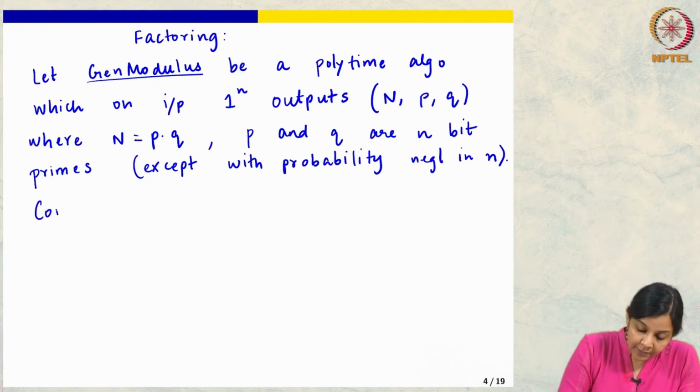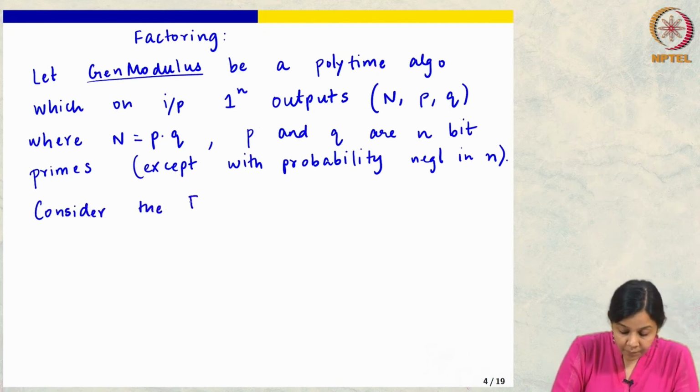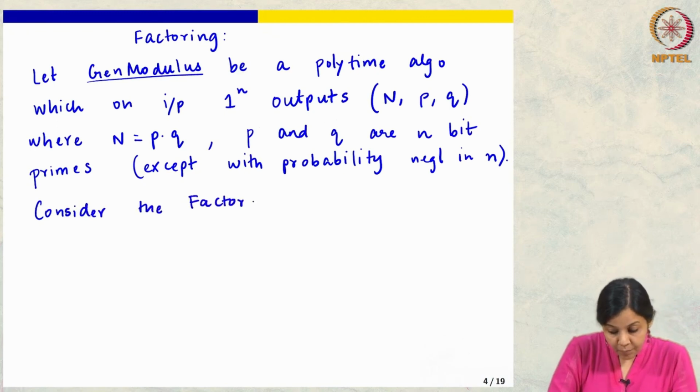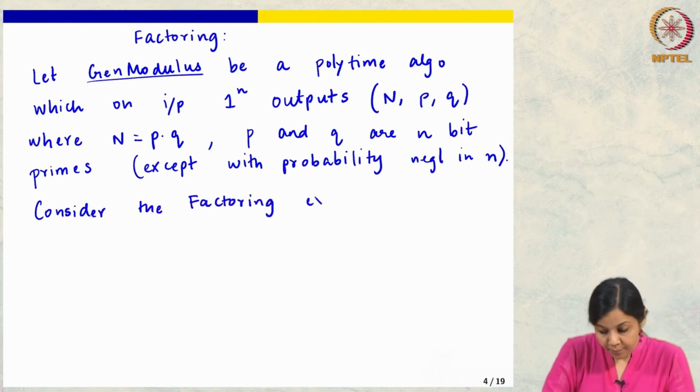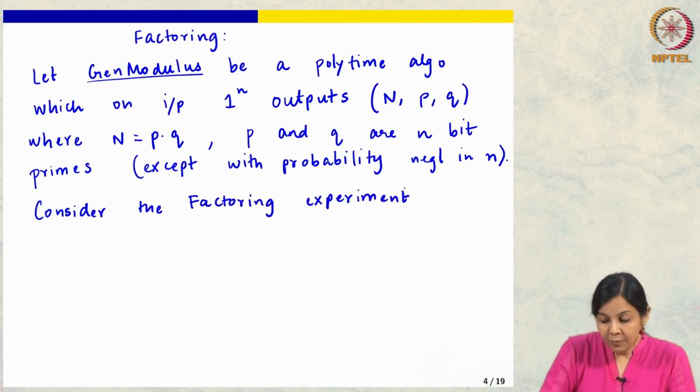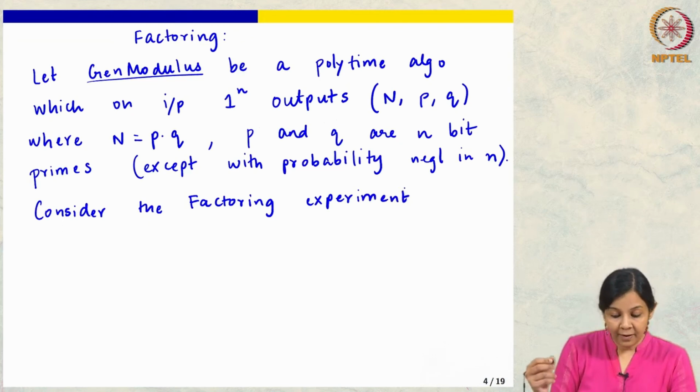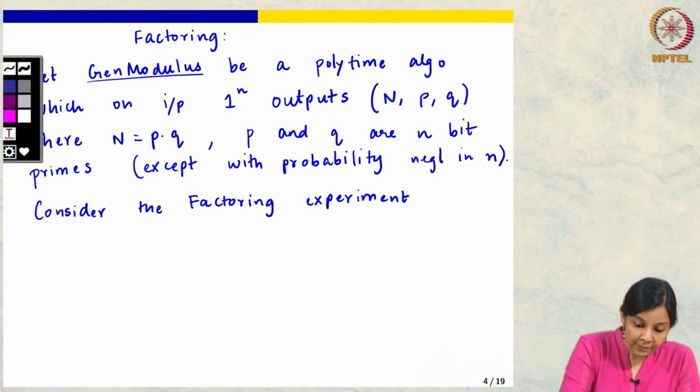Okay, so, consider the factoring experiment. And I am going to parameterize this experiment with the adversary and the gen modulus algorithm. Okay, so, let me just write that separately here.